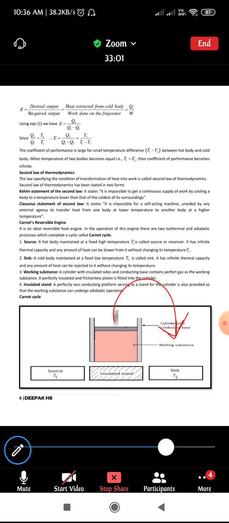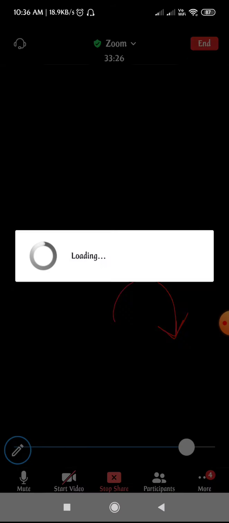I'll repeat once again. When we place the cylinder on the sink and the gas is compressed, the temperature of the gas should increase, but that excess heat is rejected to the sink. By rejecting the heat to the sink, the temperature of the gas is maintained the same.